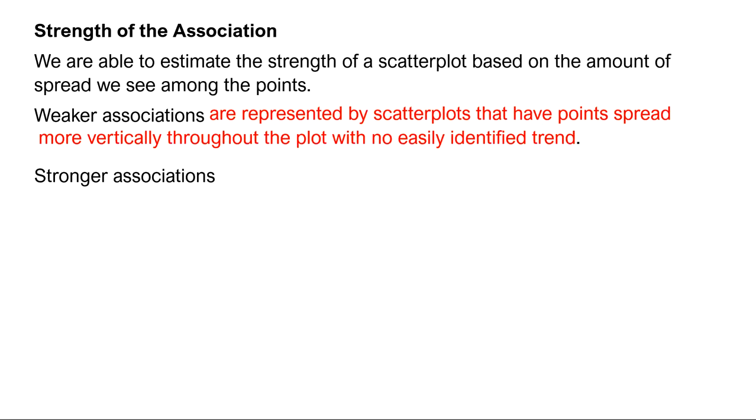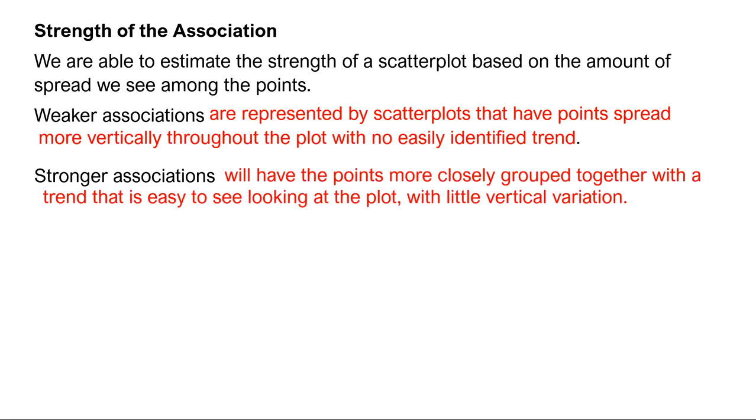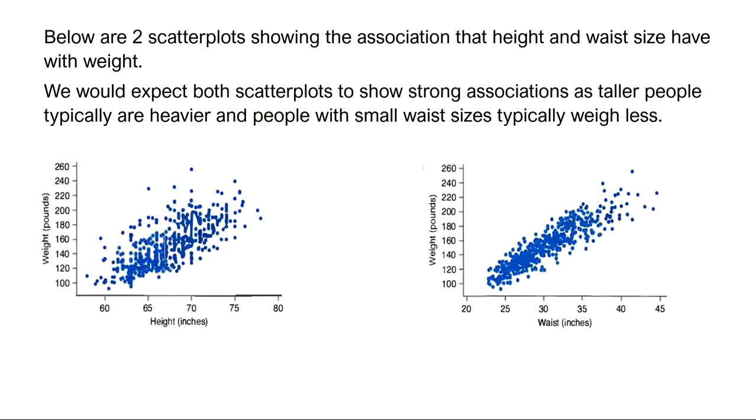With a stronger association, the dots are going to be placed more closely together. They may even be bunches and groups of big blobs of data that you really can't tell that there's more than one dot there. So that's what you'll see. It's going to be less vertical variation for the stronger plots. Again, we're going to see examples as we go forward.